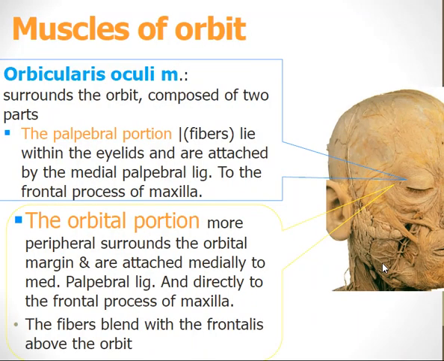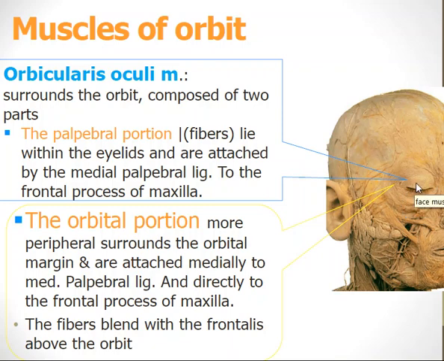The other important muscles in the face are those around the opening of the orbit, the eyelids. The main muscle is the orbicularis oculi, surrounding the palpebral fissure anterior to the eyeball, and it is composed of two main parts.